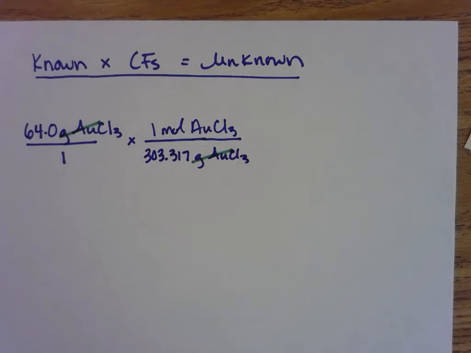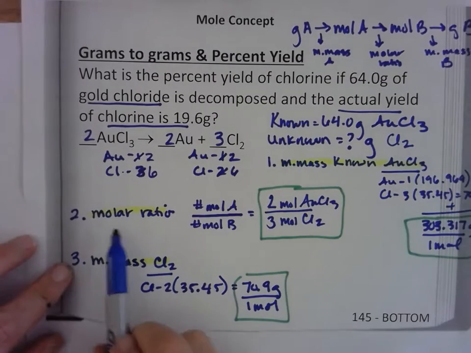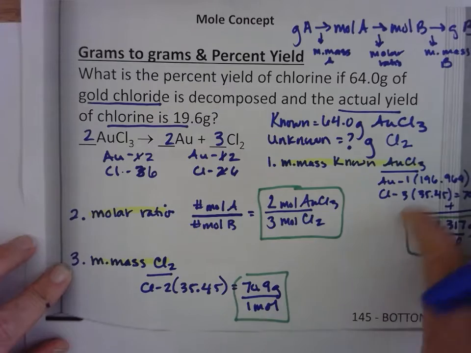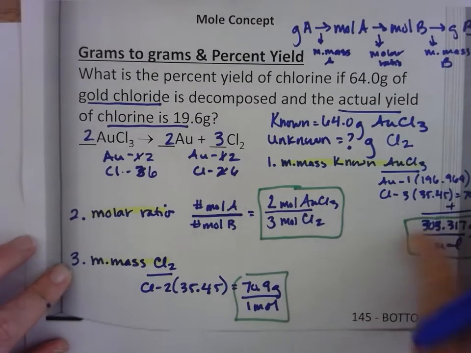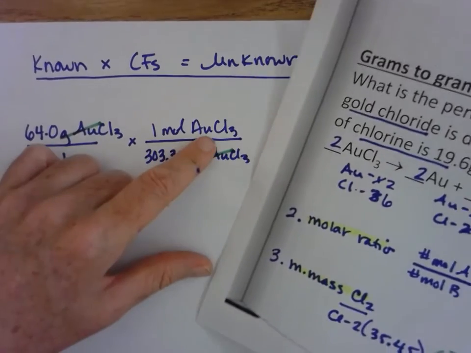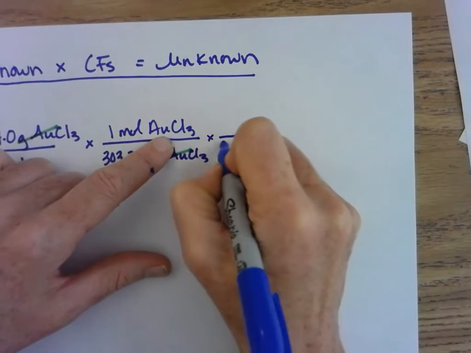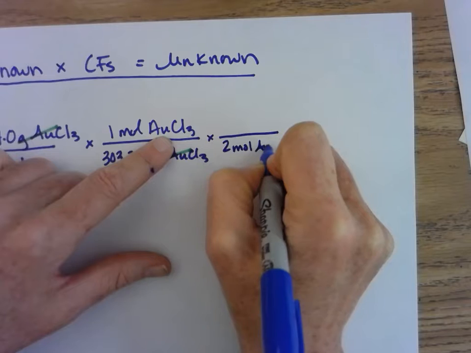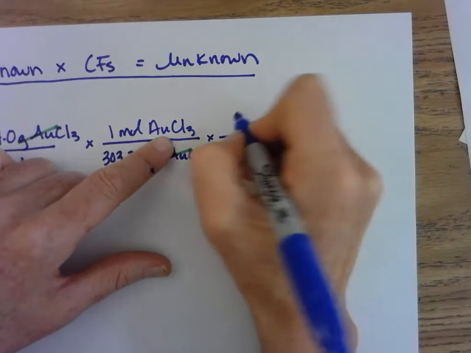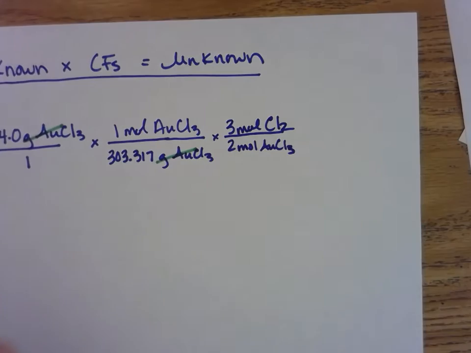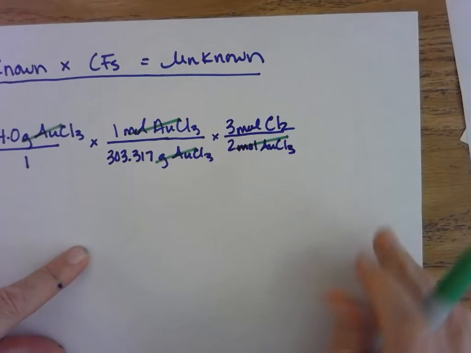So I'm going to take a look at my second conversion factor right here. My second one is the molar ratio. I got 2 moles of AuCl3 to 3 moles of Cl2. I have moles of AuCl3, so I'm going to put the AuCl3 on the bottom and the 3 moles of Cl2 on top. I'm going to cancel and cancel.